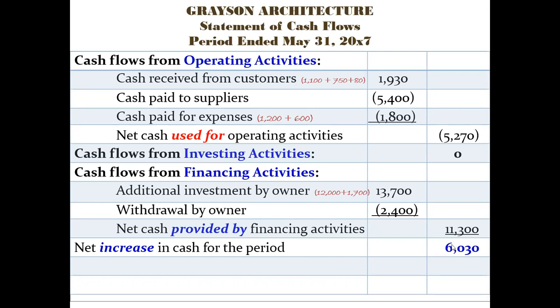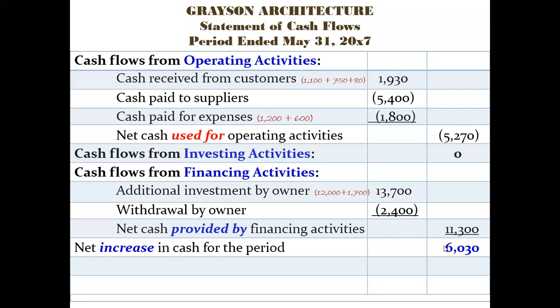The purpose of the statement of cash flows is to explain what caused the change in cash of 6,030. So to explain that change, we have to break it down into the 3 activities.